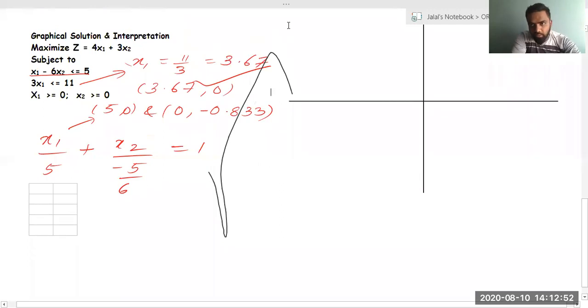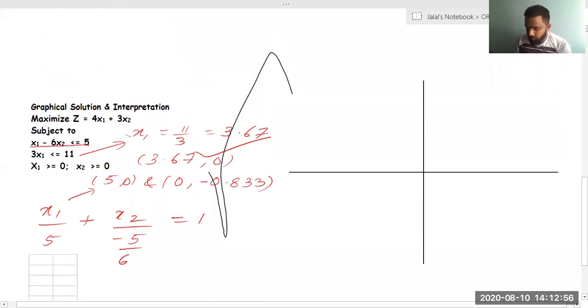I'll just try to draw this for you. Just look at this. This is my x1 axis. This is my x2 axis.